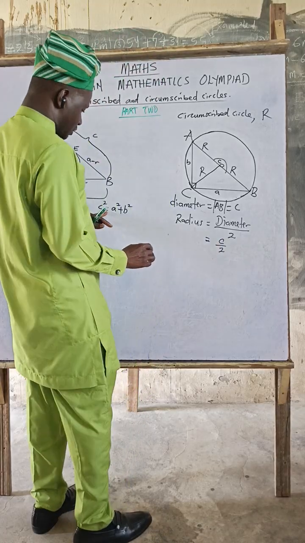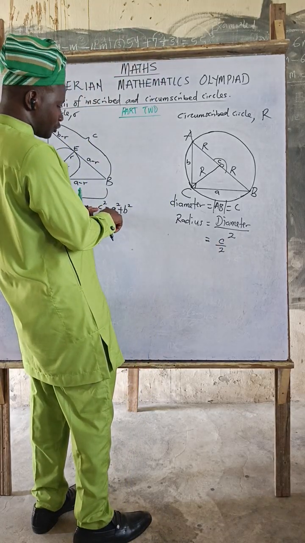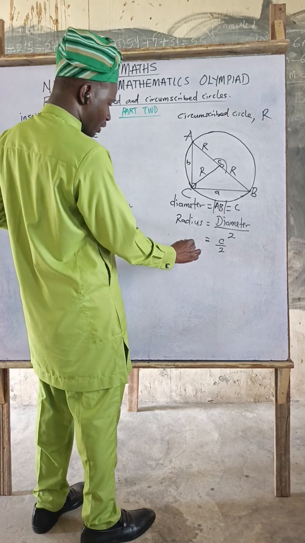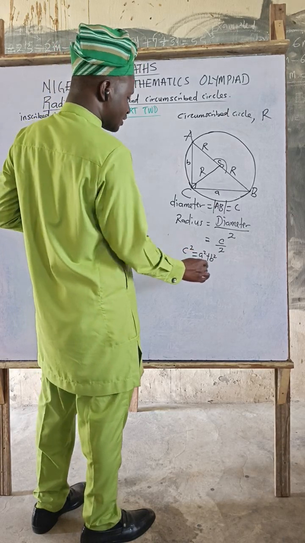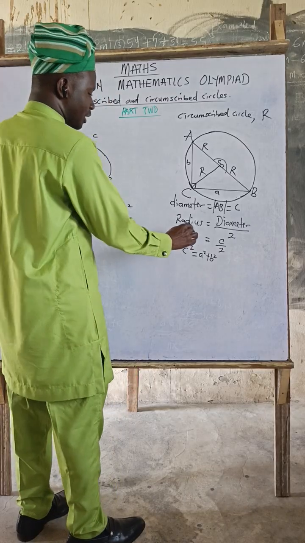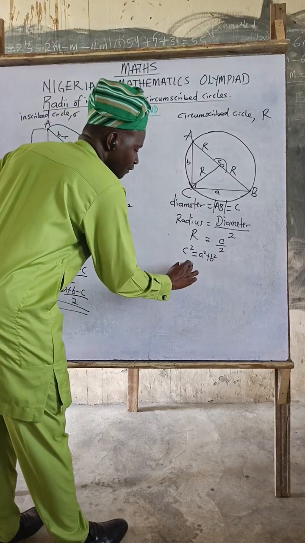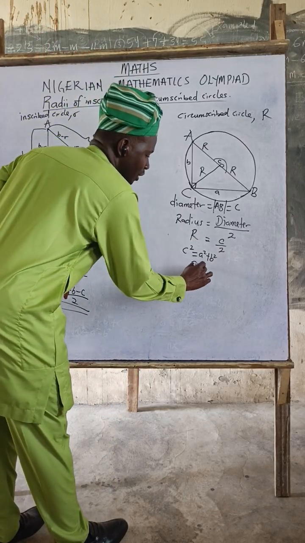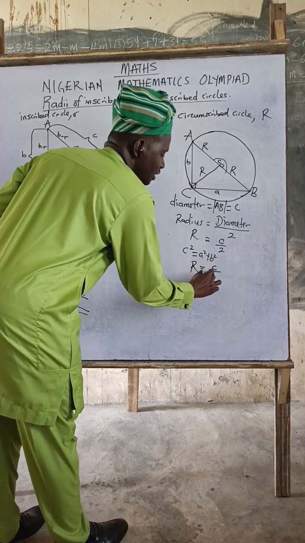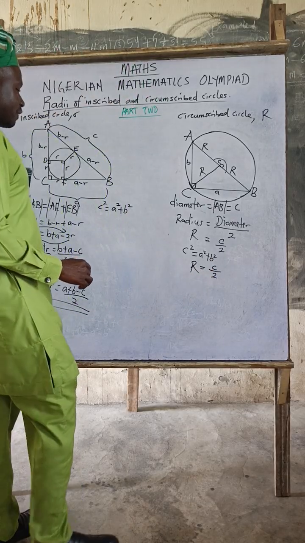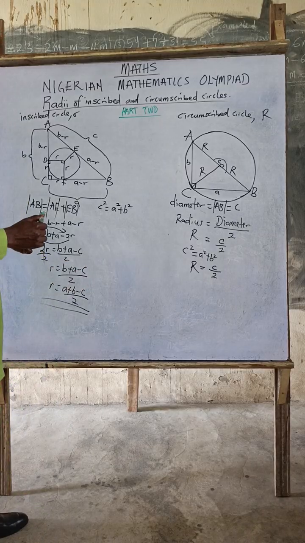As it has been shown there, when you have C square equal to A square plus B square, for the circumscribed circle, you have capital R equal to the length of the longest side, then divided by 2. And that will give you the radius of the circumscribed circle.